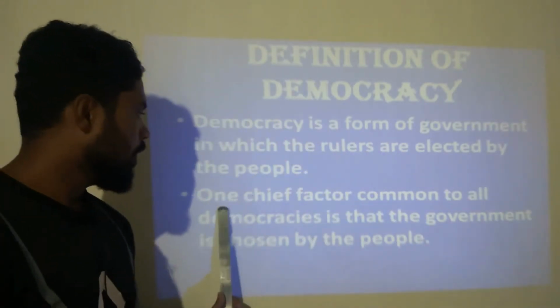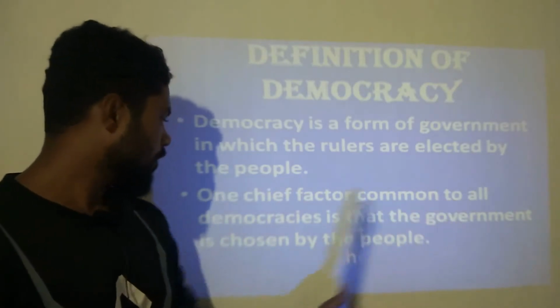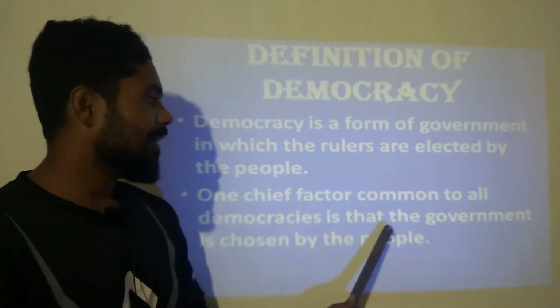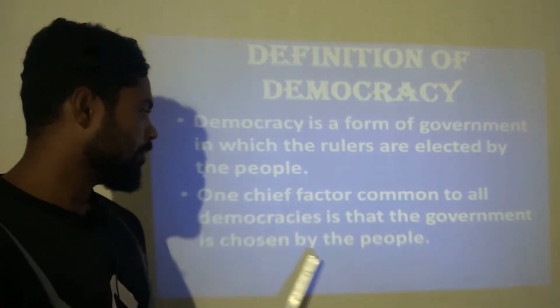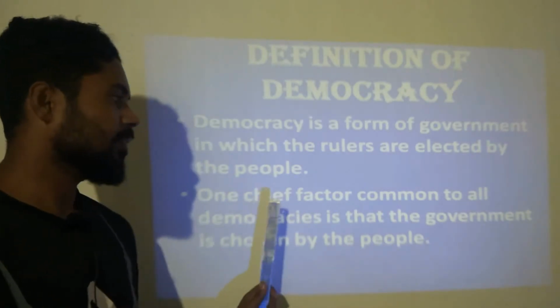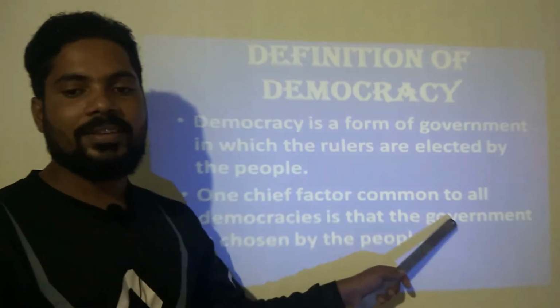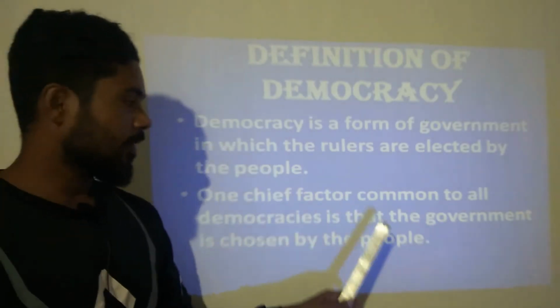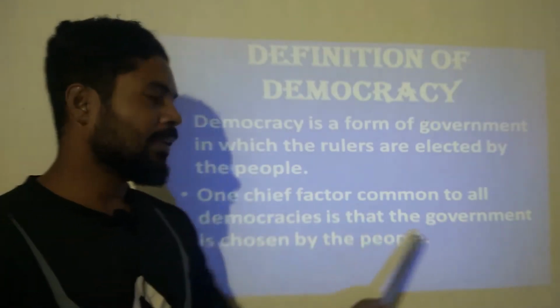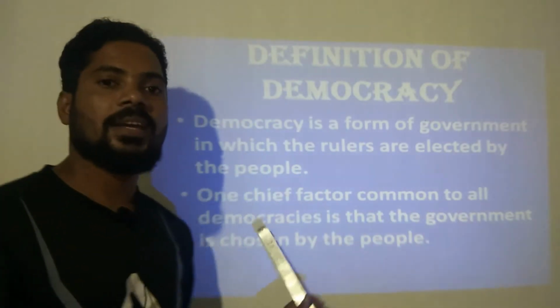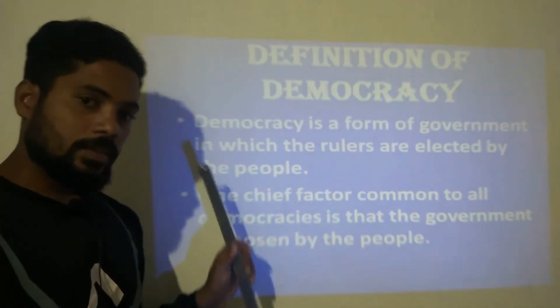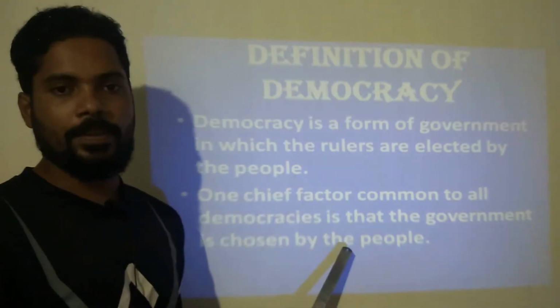And one chief factor common to all democracies is that the government is chosen by the people. The main thing here is that the government is chosen by the people.